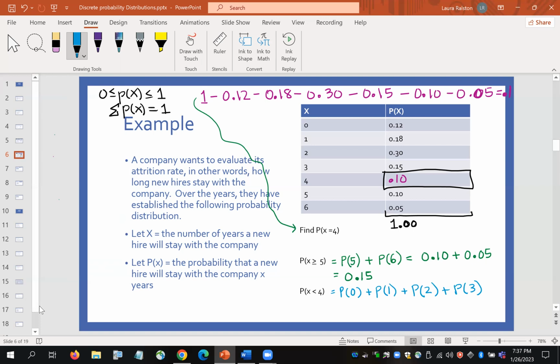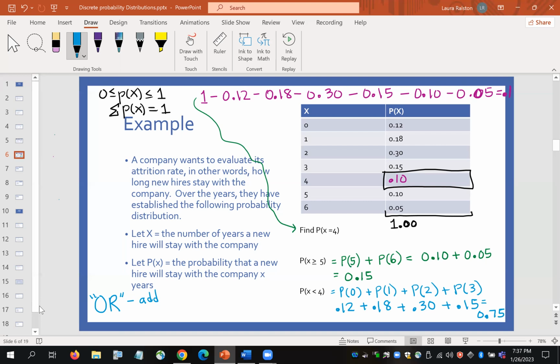One thing I'll remind you about probability in case you don't recall, typically when you think about the word or, it implies you're going to add, because I'm going to add together 0, which is 0.12, plus 1, which is 0.18, plus 2, which is 0.30, plus 3, which is 0.15. Now I'm going to use my calculator. 0.12 plus 0.18 plus 0.3 plus 0.15 is 0.75.